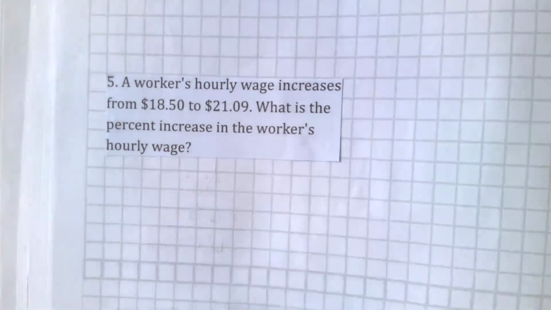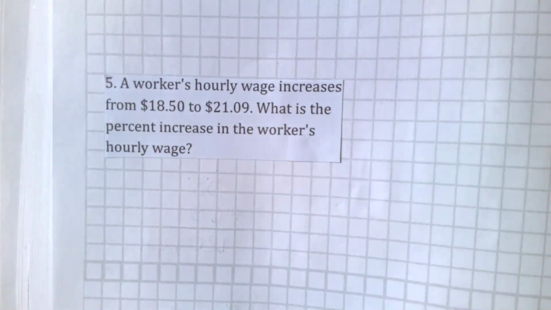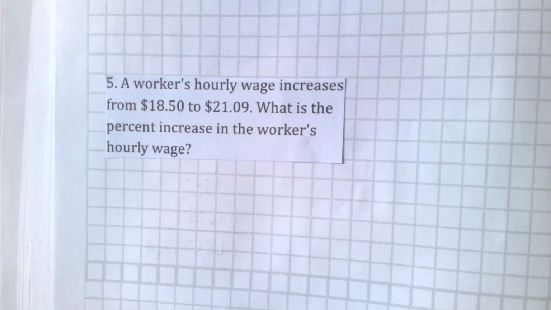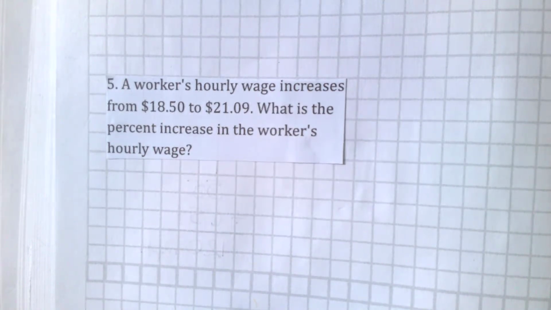So let me show you what I'm talking about. A worker's hourly wage increases from $18.50 to $21.09. What is the percent increase in the worker's hourly wage? If you want to figure out how much of an increase you got, because sometimes we get raises, sometimes we want to be a manager and we get so caught up with, oh man, I'm going to get an extra bit of money.